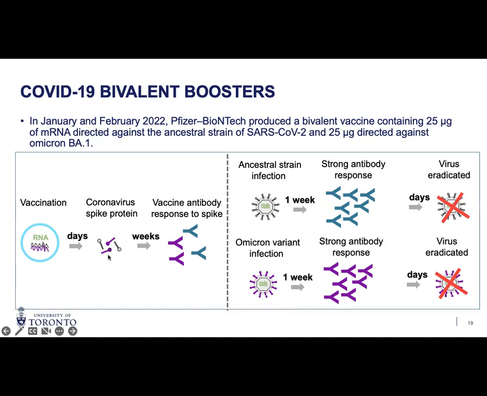And the vaccinated person then produces both of these variants of the spike proteins, and the body produces antibodies to these spike variants. So when the vaccinated person is infected by either the ancestral strain or the Omicron variant, they will produce a strong antibody response to both, and the virus will be eradicated before the infection can get to a severe point and have an effect on the individual.